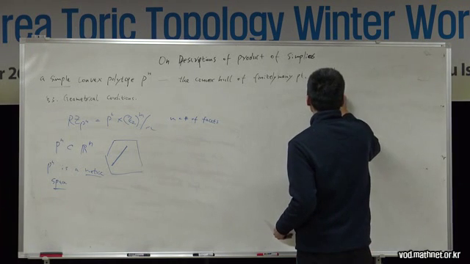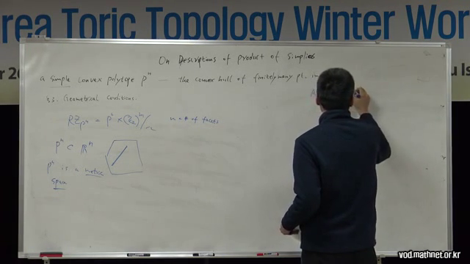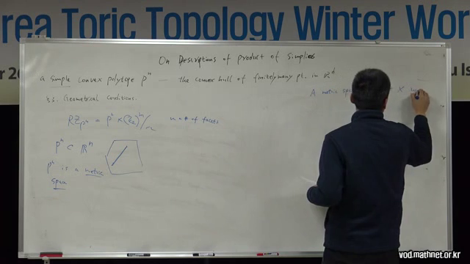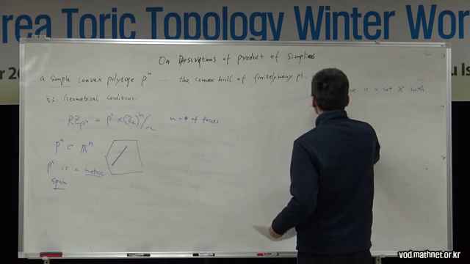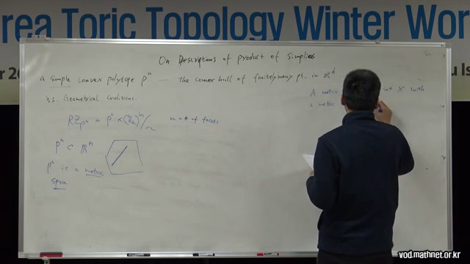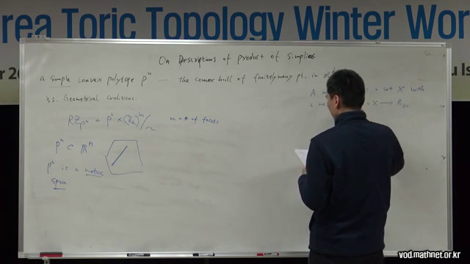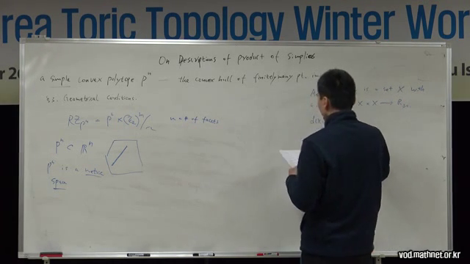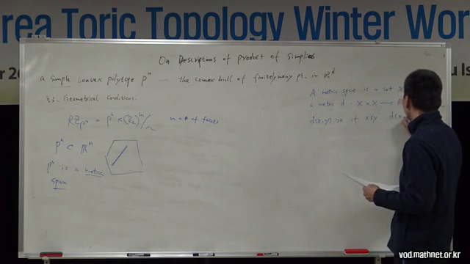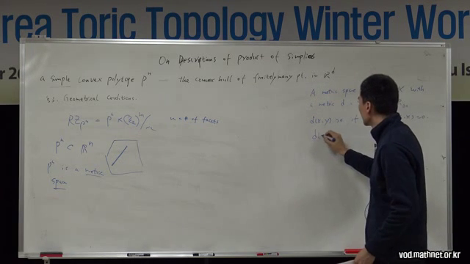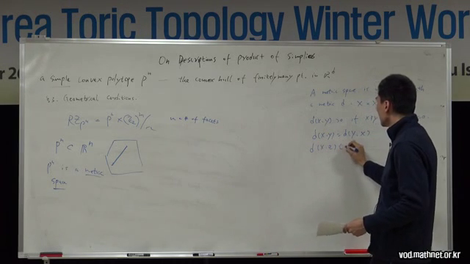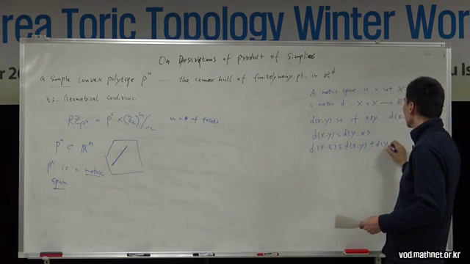A metric space is a set X with a metric D. D is a function such that the distance of any 2 points is greater than 0 if x is not equal to y, dxx is 0, it's symmetric, and it satisfies the triangle inequality.